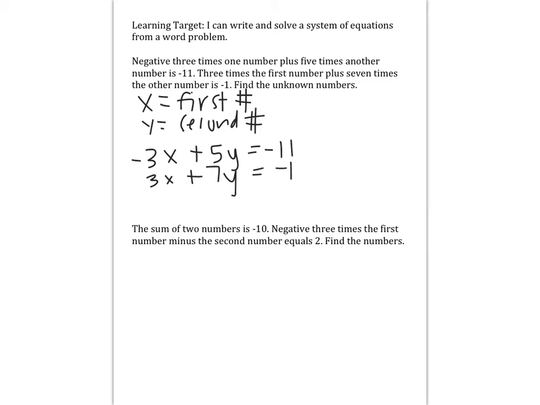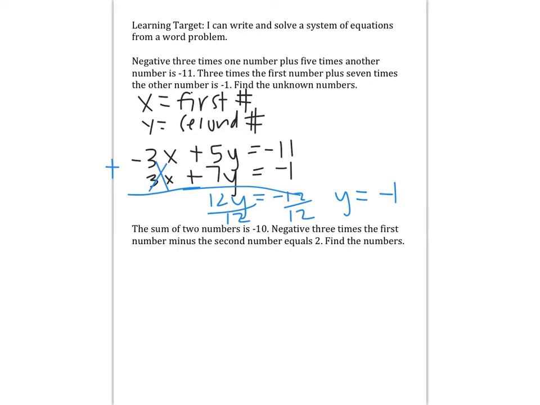Find the unknown numbers. So I'm going to use the elimination method because I see that I have a -3x and a +3x. And so I'm going to add together these two equations. And my x's will cancel out, and 5y plus 7y is 12y. 12y equals -12. Divide by 12 here, and y equals -1. Now I have one of the numbers, but I have to figure out the other number.